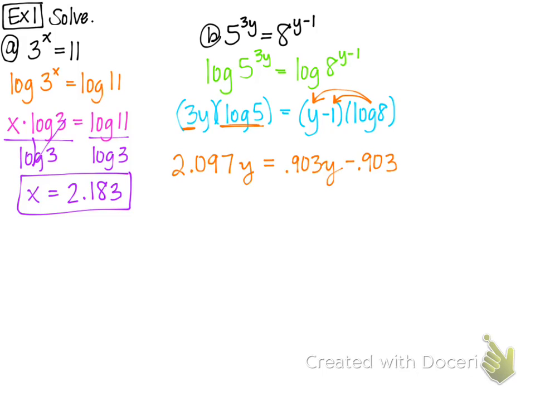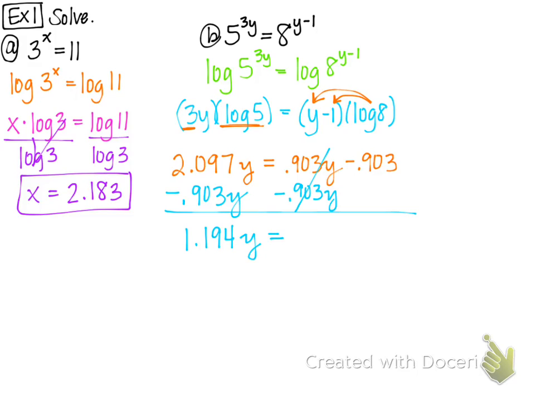Now, it looks just like any other equation. It just so happens that we don't have very pretty numbers. We've got some decimals in here. So we need to get our y's together. So I'm going to take 0.903y, and I'm going to subtract it from both sides. So I'm going minus 0.903y, and I also have to subtract it from here. And this is something you can type in the calculator. You can say 2.097 minus 0.903, and you end up with 1.194, and these are y's, remember?